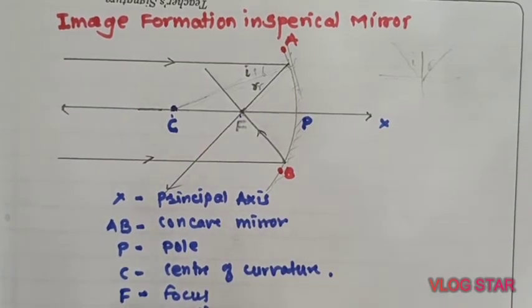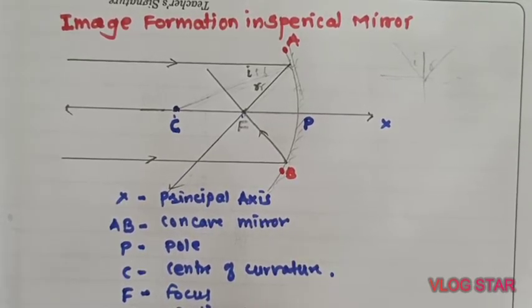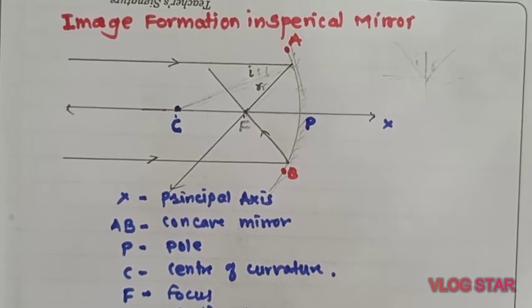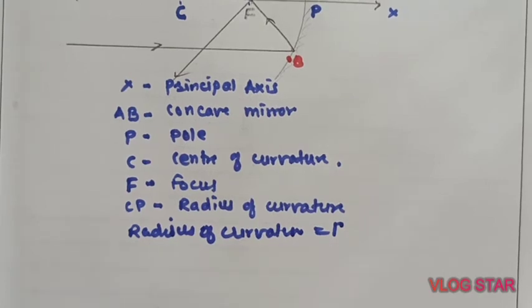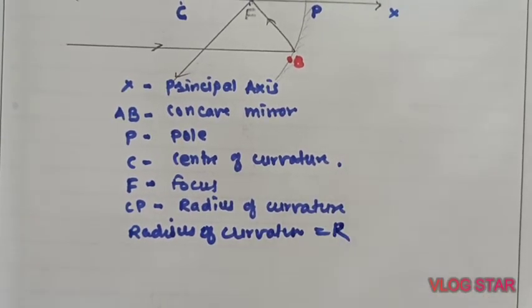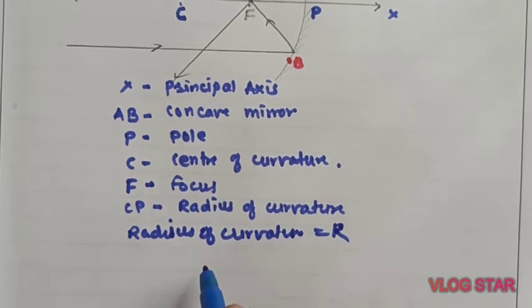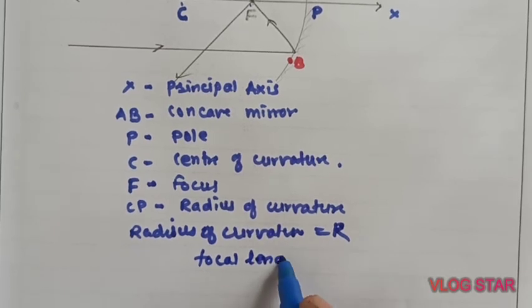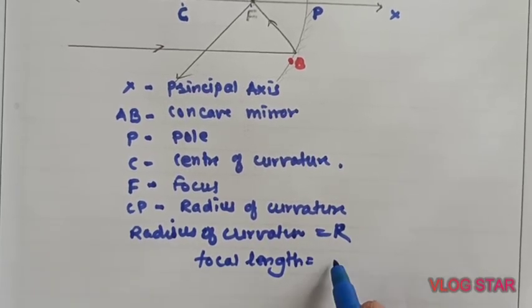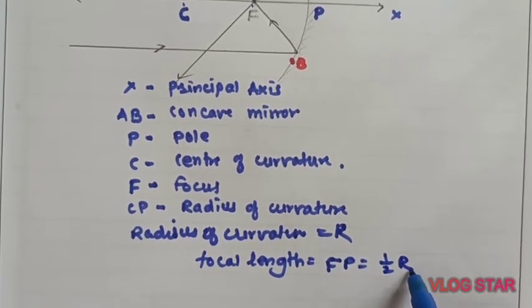So radius of curvature is denoted by R, and when radius of curvature is R, what do we call the distance FP? Focal length. Focal length is that FP, which is half of the radius of curvature.